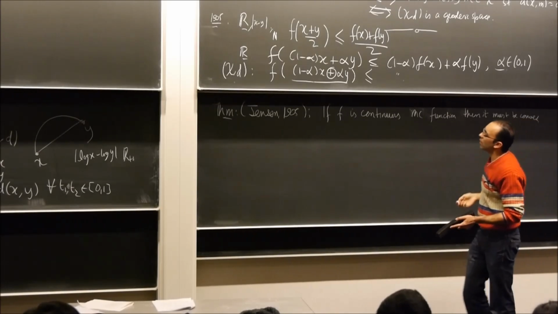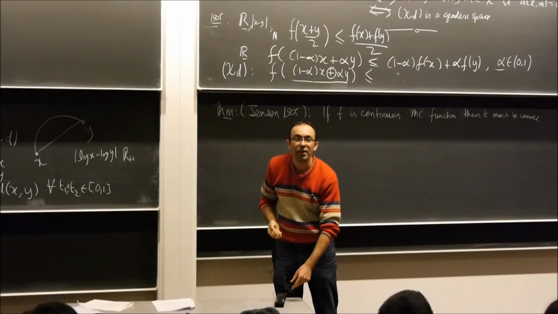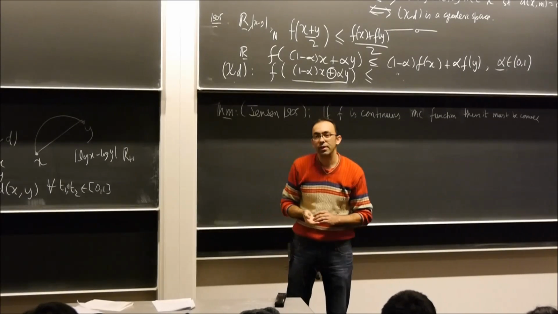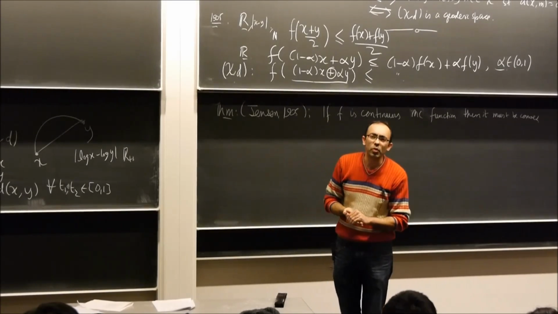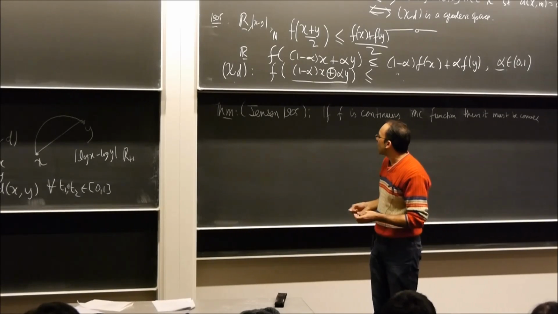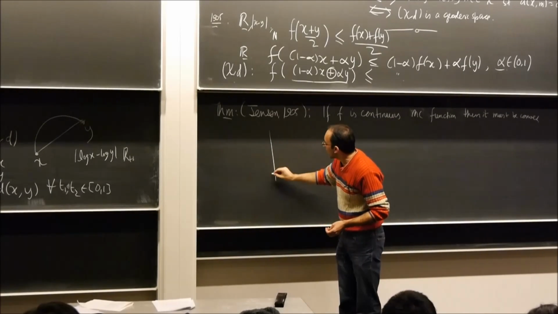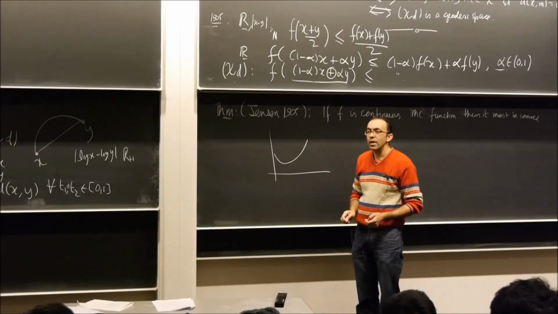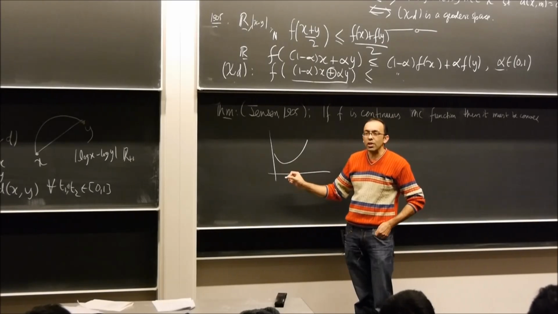This is actually an if and only if, right? Because if it is convex, then clearly with alpha equal to half, it's midpoint convex. So the non-trivial part is the other direction. You can come up with several proofs, but maybe a little picture, the standard picture we see of convex functions.